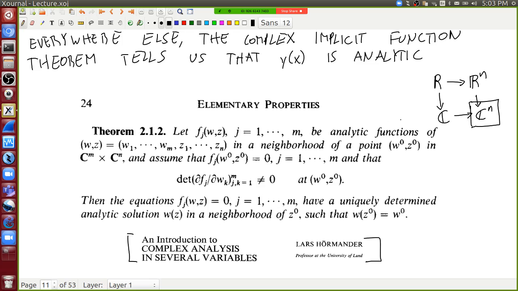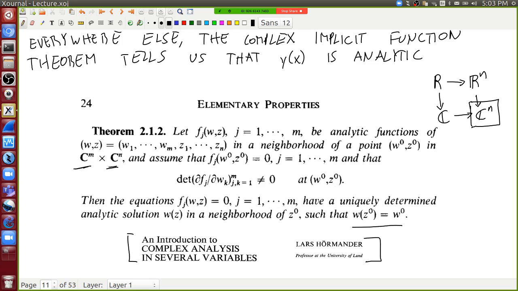Anyway, this is definitely the complex multivariate implicit function theorem. It's a different theorem than the one you get in a standard multivariate class: C's instead of R's. The statement of the theorem is identical. We've got w and z, and J, M and N here are 1 in our case. Just one w, one z.